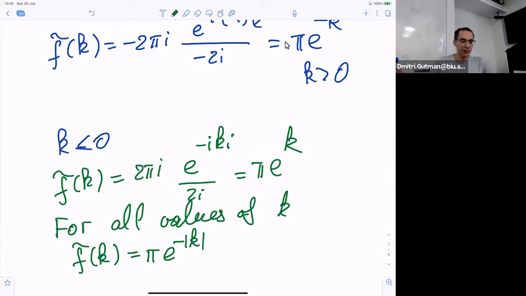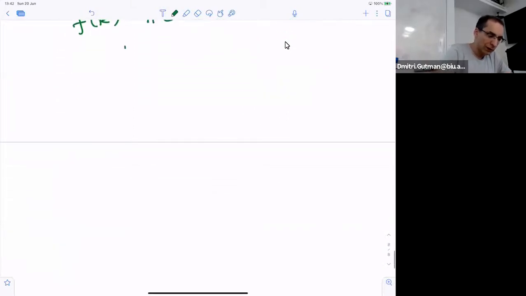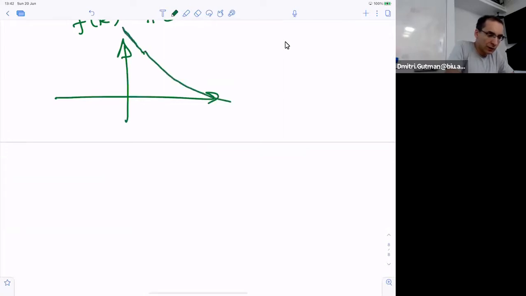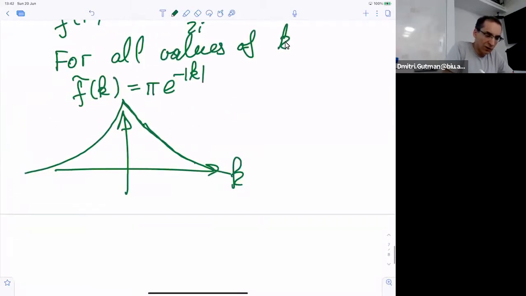Something that was Lorentzian in the x space became an exponentially decaying function. So if I now draw this function in the k space, it looks like this. This is the function f.